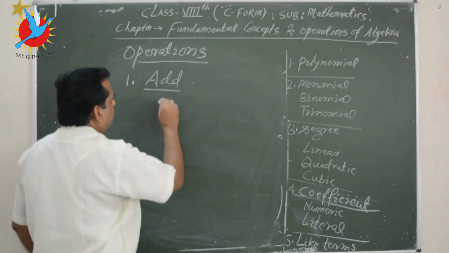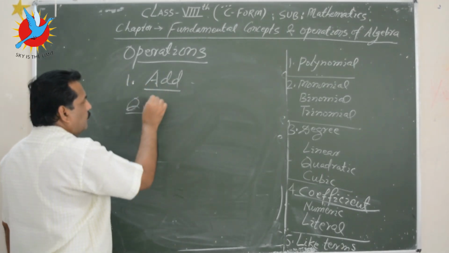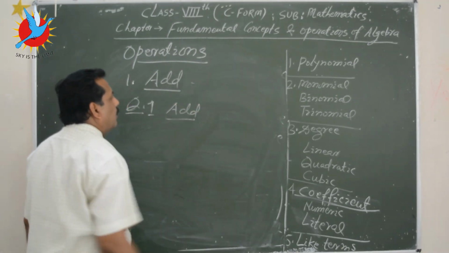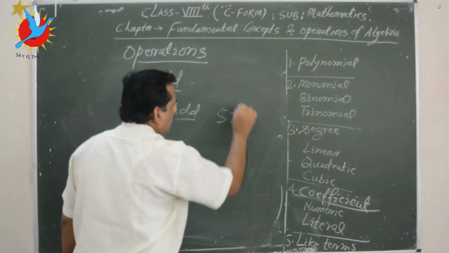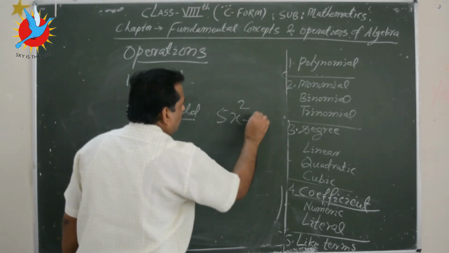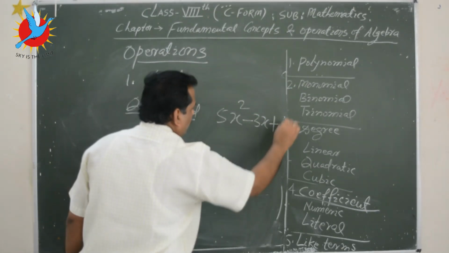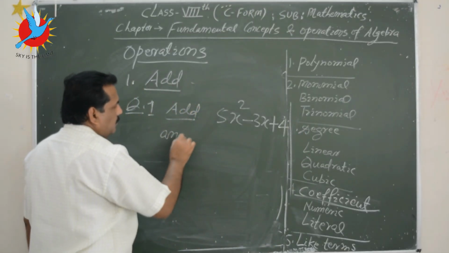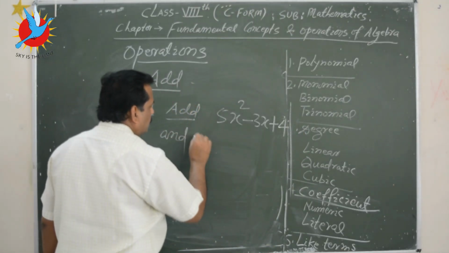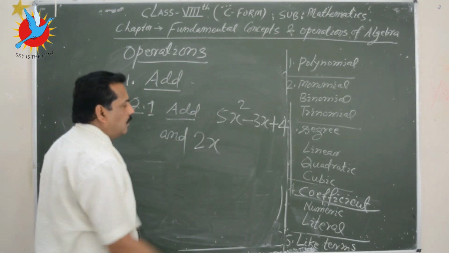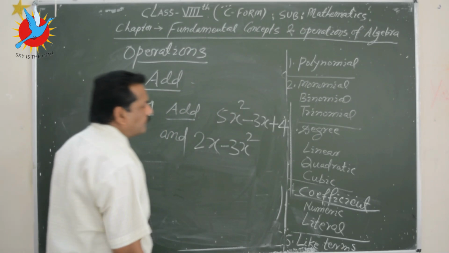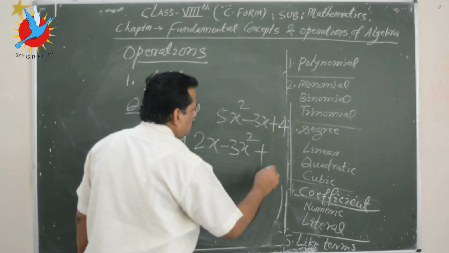So question number 1: add 5x square minus 3x plus 4 and 2x minus 3x square plus 5.